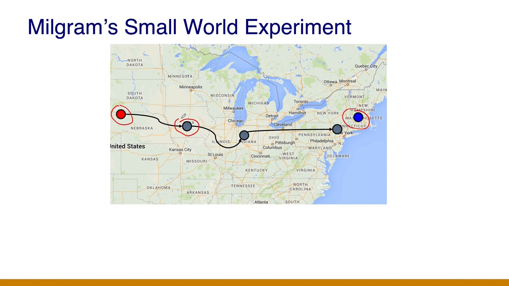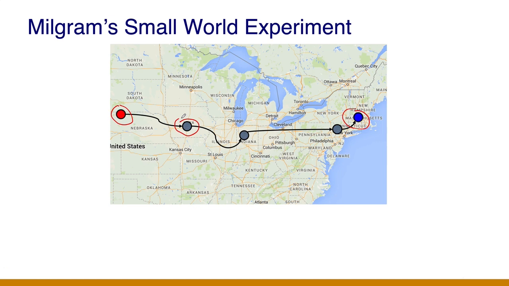And gradually, as you get closer and closer, you may or may not get into the city and actually find the final individual. So it is a very simple experiment and a very ambitious experiment as well, because this is quite a large span between these two origin and destinations.